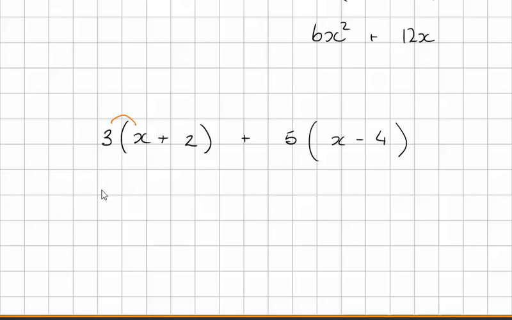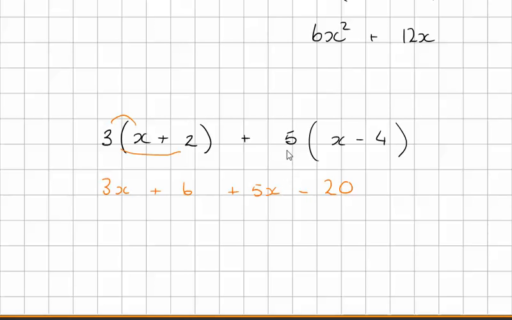So we have 3 times x is 3x plus 6 plus 5x. Then even though that's a plus, this has to be minus 20. Now, when I said about collecting like terms, currently in this expansion I have 4 individual terms. Now a term is what's separated by a plus or a minus. Okay.